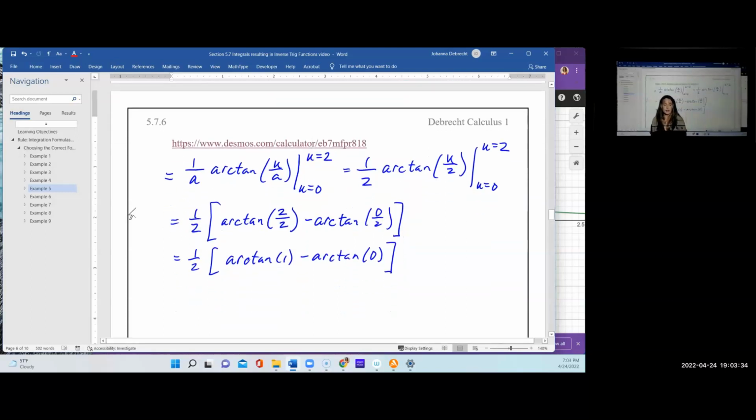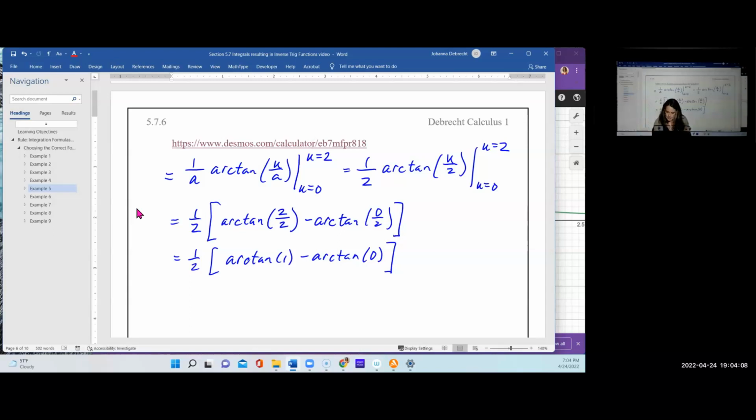Now we need to decide what these come out to be. Remember that the arctangent is in fact an inverse trig function, which says the angle between negative pi over 2 and pi over 2 whose tangent is 1. The arctangent represents the angle, theta, where theta has to be in that restricted domain from negative pi over 2 to pi over 2, open, where the tangent of it is 1.